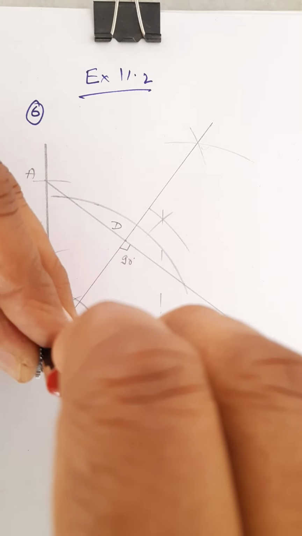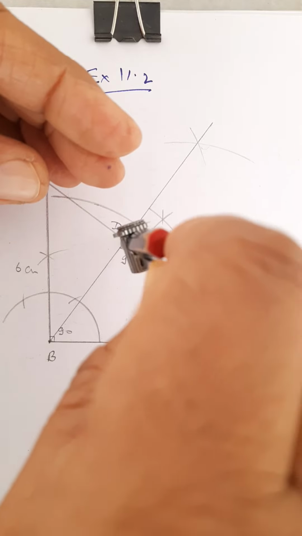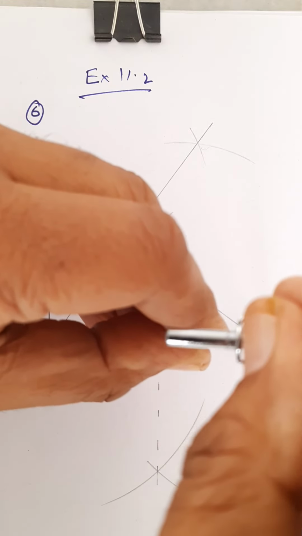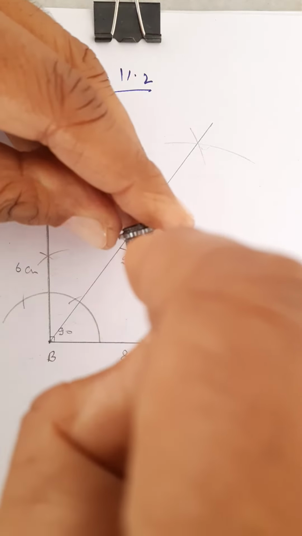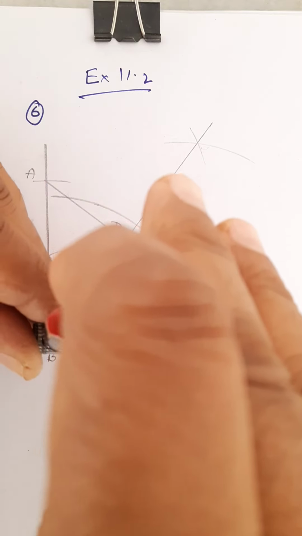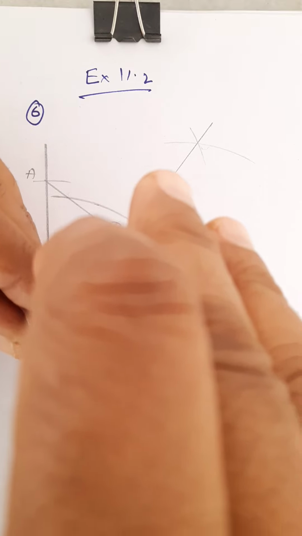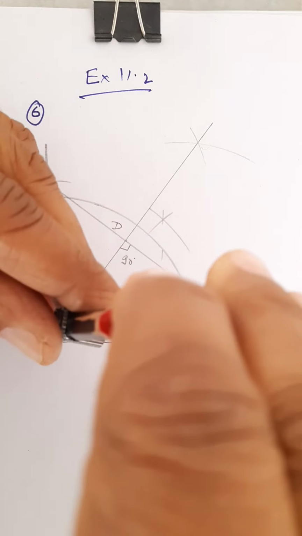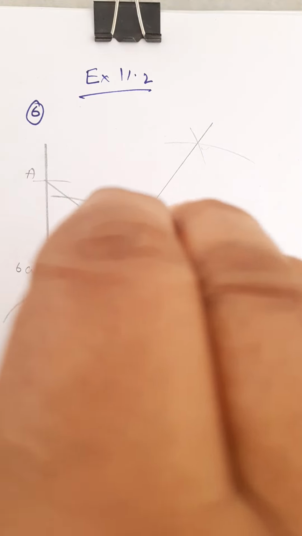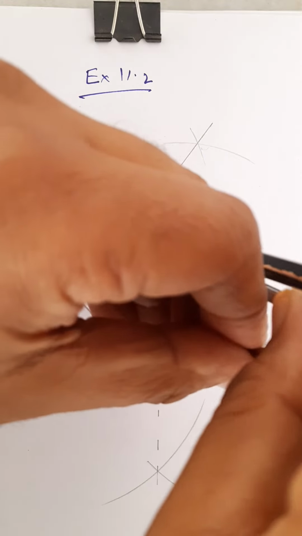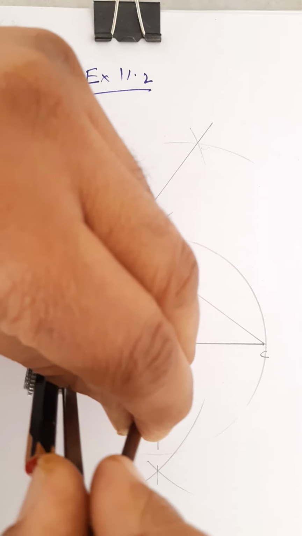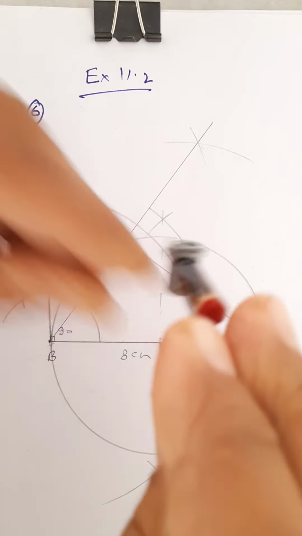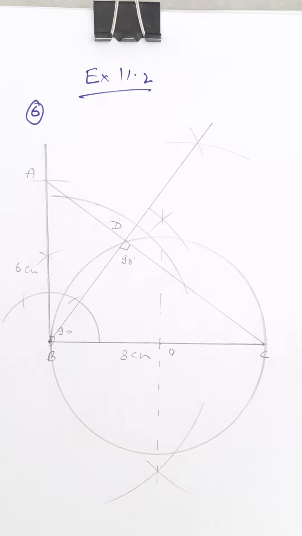So here, draw a circle, and what you observe is that this circle will pass through all the points, like this.